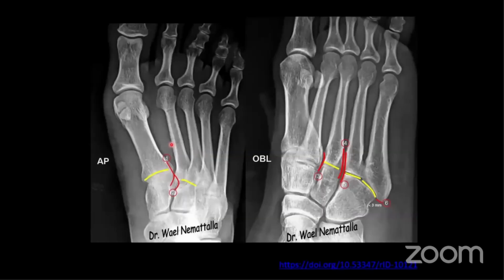This is just a diagram that illustrates how it's all supposed to line up on the two views, which I've nicked from Radiopaedia. On the AP, you want to look at this line, and on the oblique, you want to look at this red line here, and also this red line here. But the main thing is you want to look at all of the joint spaces in the midfoot.